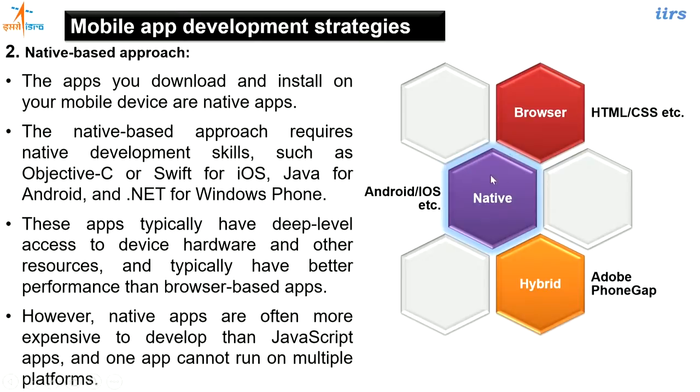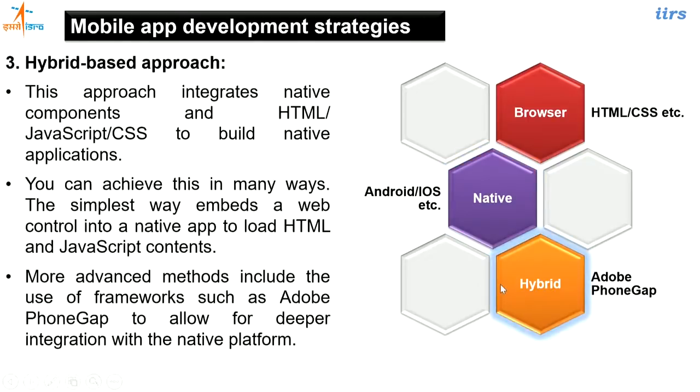In order to avoid all of this, we can have hybrid applications also. An example is Adobe PhoneGap. What we can do here is build one native app and embed HTML or CSS in the native app. So I am taking advantage of the features of my phone as well as the features of HTML also. So I can develop one hybrid application.